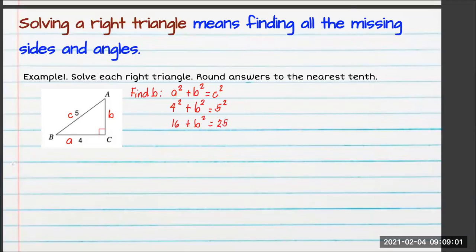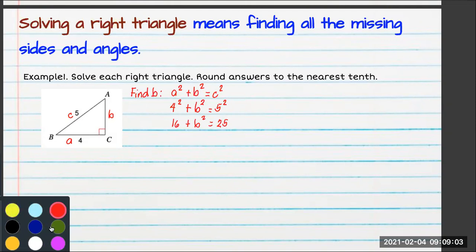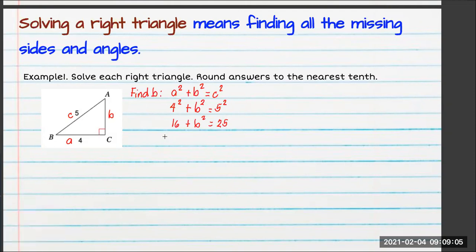All right. And then what do we have to do next here? We subtract 16, right? Because we need to isolate the B. So we subtract 16 from both sides. And this will give us 16 cancels out. So you have B squared is equal to 25 minus 16 is 9.